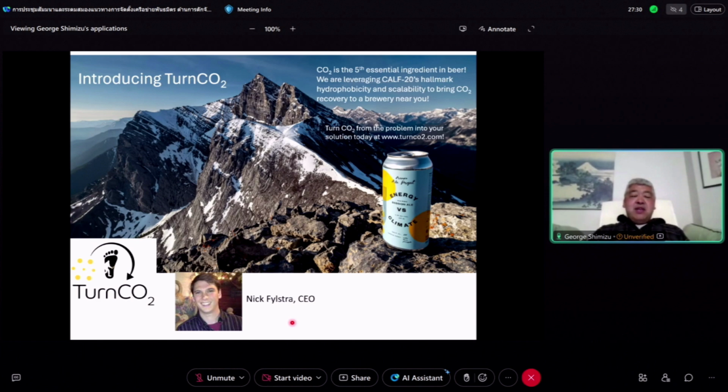And the nice thing about capturing at a brewery is when the CO2 is captured, you don't need a pipeline to take it to a sequestration site because the CO2 is actually needed to carbonate the beer. So the CO2 can go right back into the process.